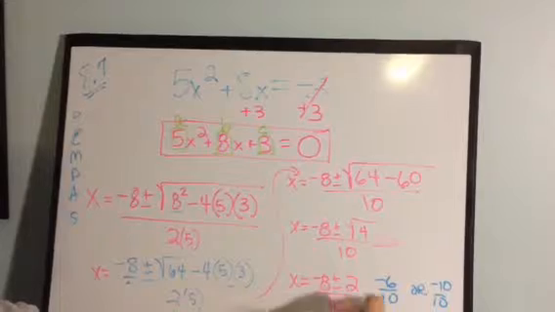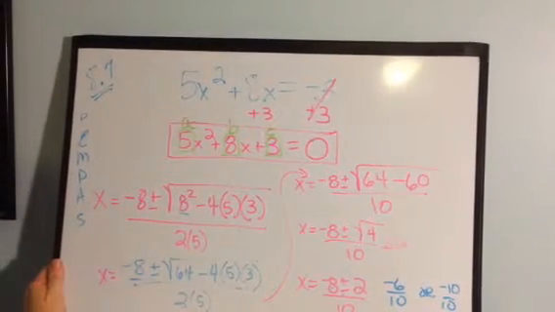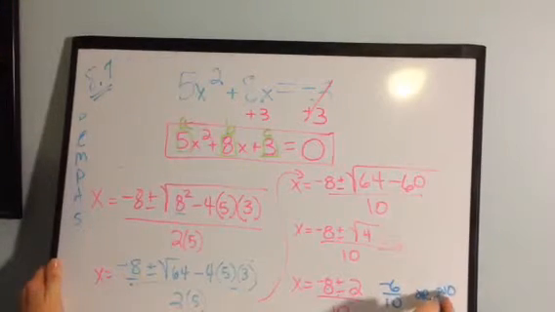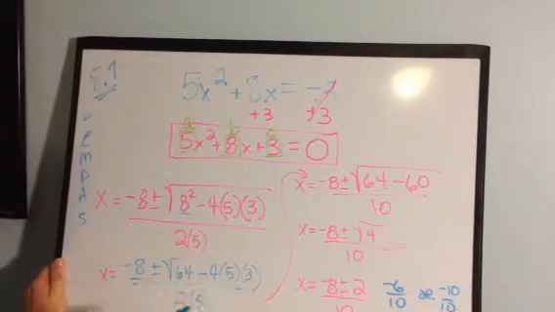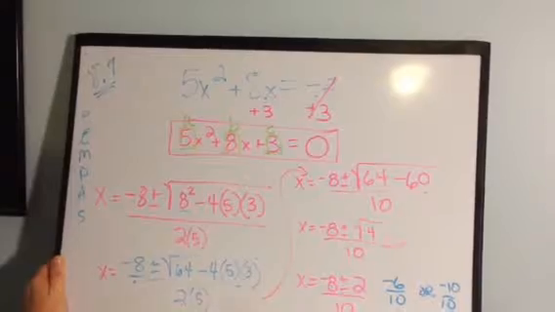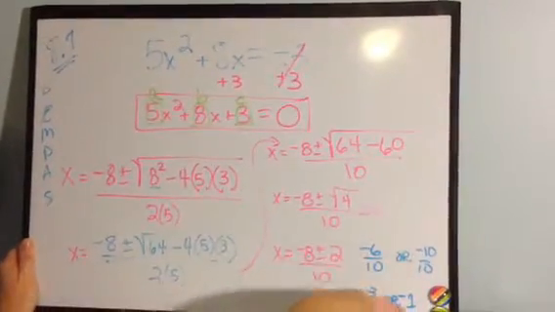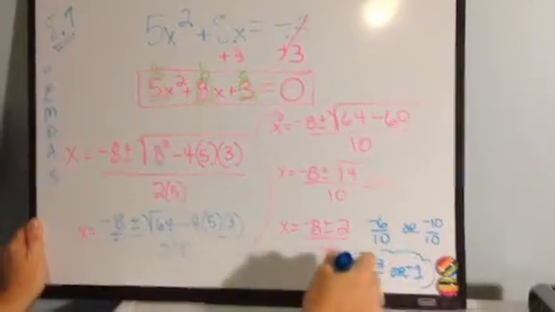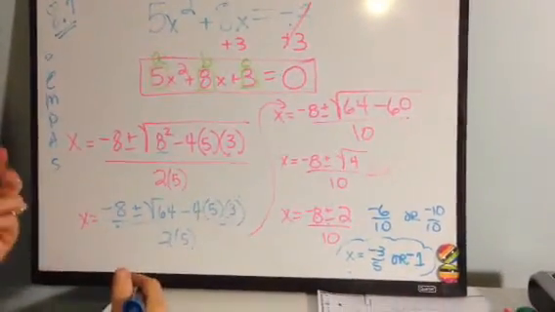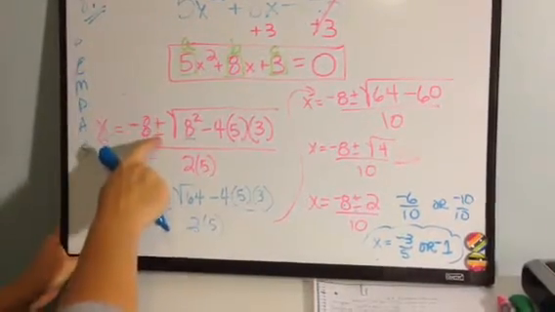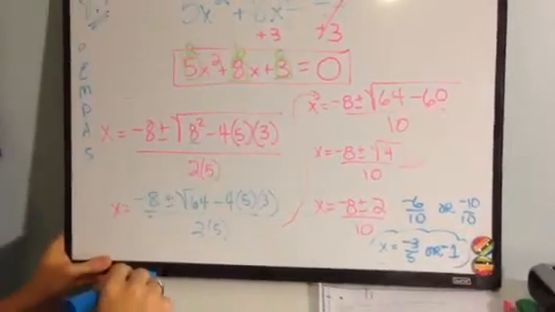So x is going to equal a negative 6/10, which is what, a negative 3/5, or negative 10 over 10, which is just 1. Good? Oopsie, negative 1. My bad. Negative 10 over 10 gives me a negative 1. So for your quadratic equations, oftentimes you will have two answers. Hence that plus or minus. It's going to end up letting you have two answers.